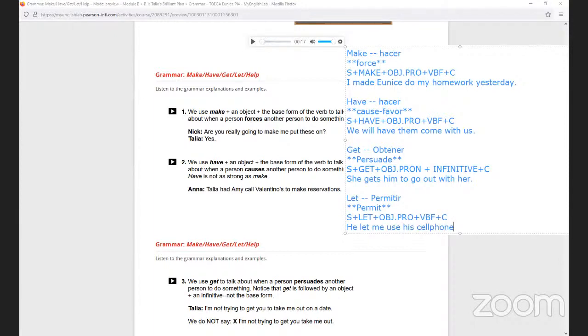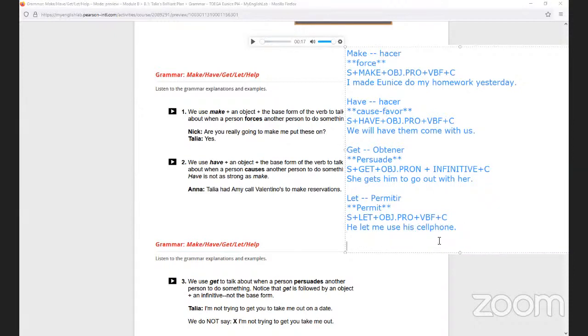So we are talking about a permission, always with verb in base form, use. Let in past, the object pronoun, the verb in base form, and the complement, to permit.